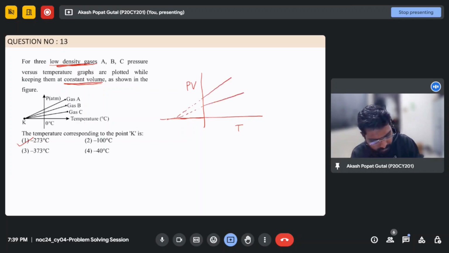This PV versus T graph meets at absolute zero Kelvin, which is nothing but negative 273.15 degrees Celsius. So this is the reason the point K should have minus 273 degrees Celsius. This question was asked in the JEE Main exam.